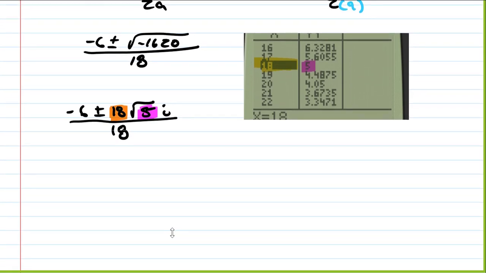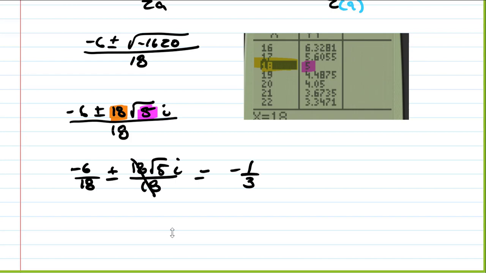So then we keep simplifying. We get negative 6 over 18 plus or minus 18 square roots of 5i over 18. Those reduce out. Negative 6 over 18 is negative 1/3 plus or minus the square root of 5i.